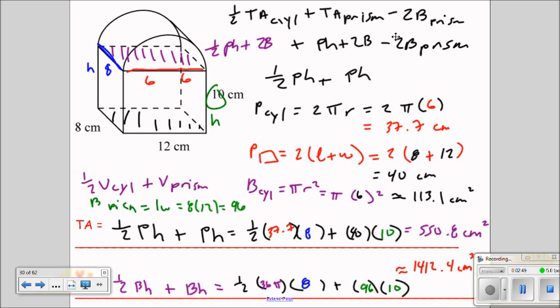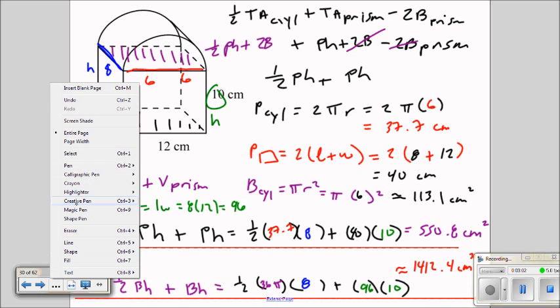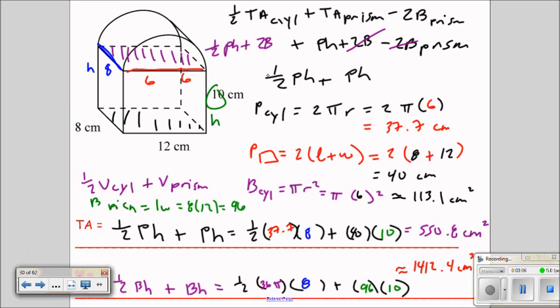But then I also have to take away the shared portion, which is the same thing as 2 bases. So they're going to cancel each other out, which would leave me with 1/2 pH plus 2B from the cylinder, and then plus the perimeter and the height of the prism.